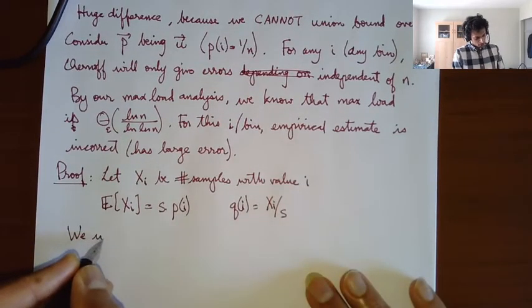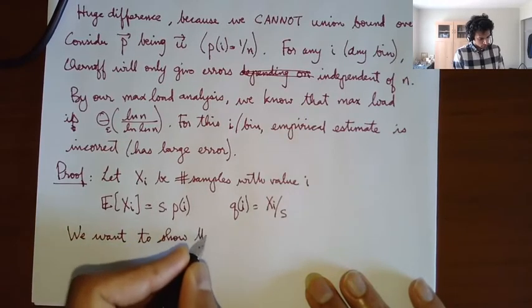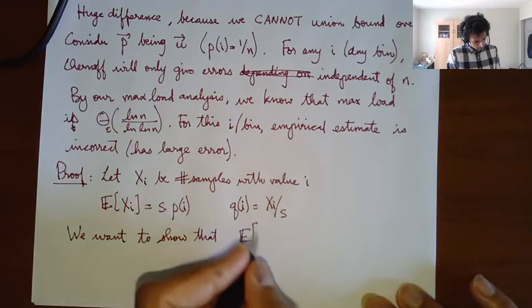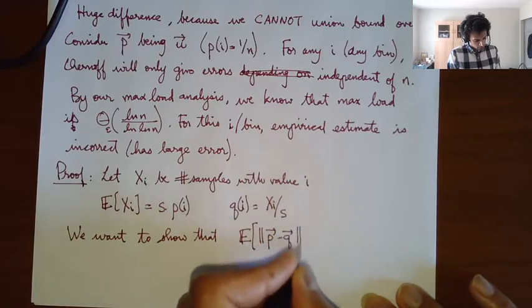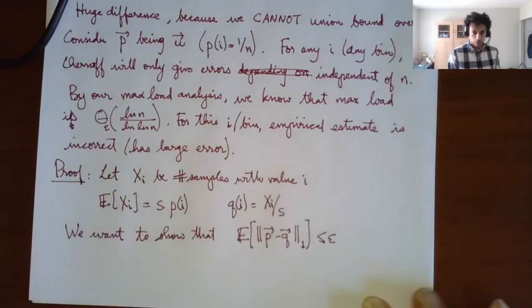So we want to show that the expected value, let's just deal with the expected value, and then we can just do Markov on top of that, of the L1 distance is at most epsilon. This is what we want to show.